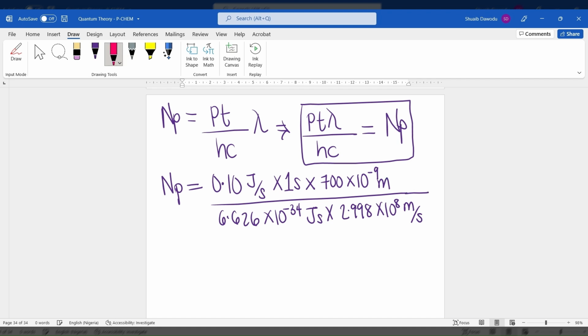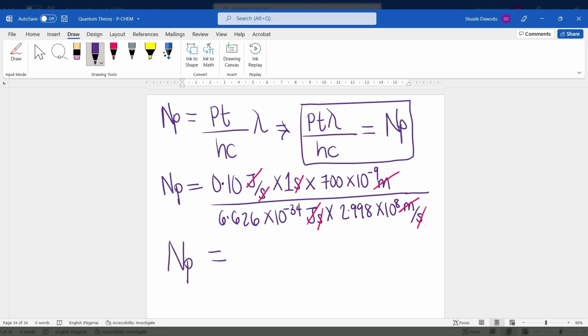So all the meters, seconds and joules cancel. We should expect that our final answer should not have any units, because we're dealing with the number of something. The final answer would just be the number of photons, and then you put photons at the end of it.